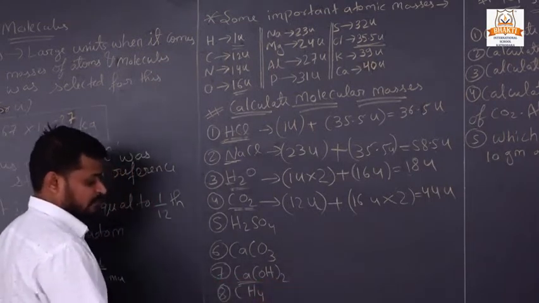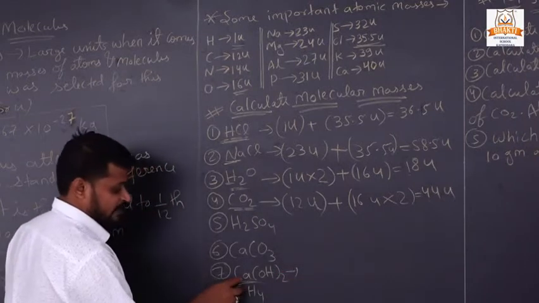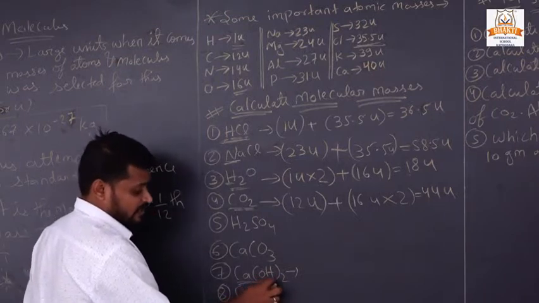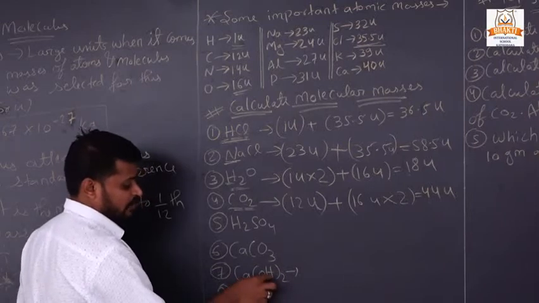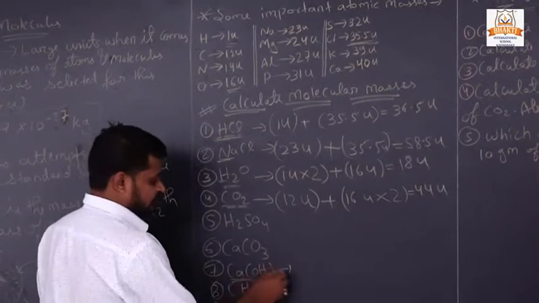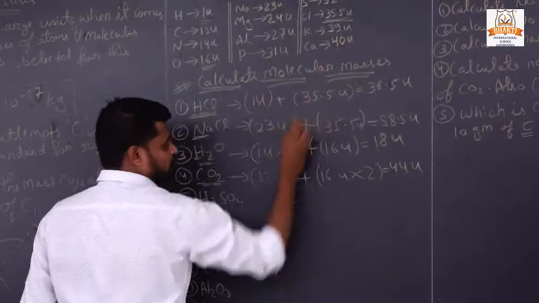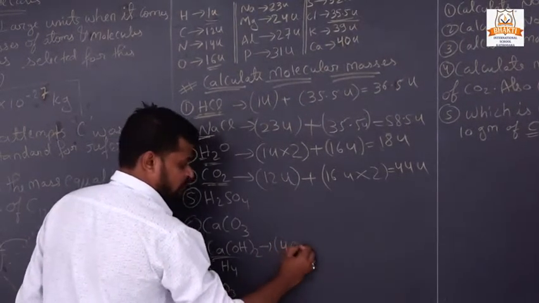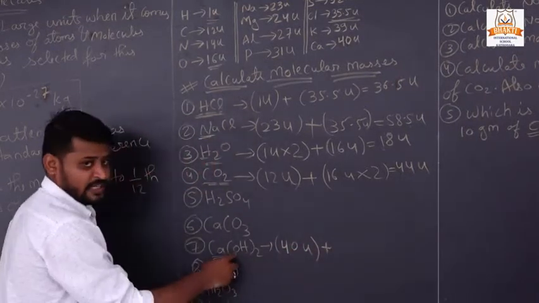This is somewhat different from all the others. Now, Ca means calcium. OH is twice here, hydroxide. It means oxygen has 2 atoms and hydrogen also has 2 atoms. So when we find it, we write the molecular mass of calcium is 40 u, meaning unified mass, plus oxygen has 2 atoms.